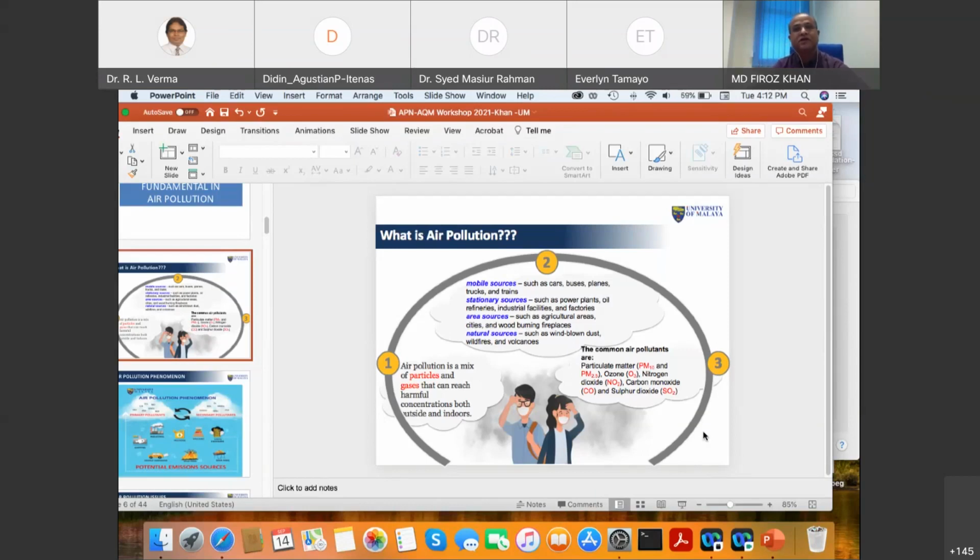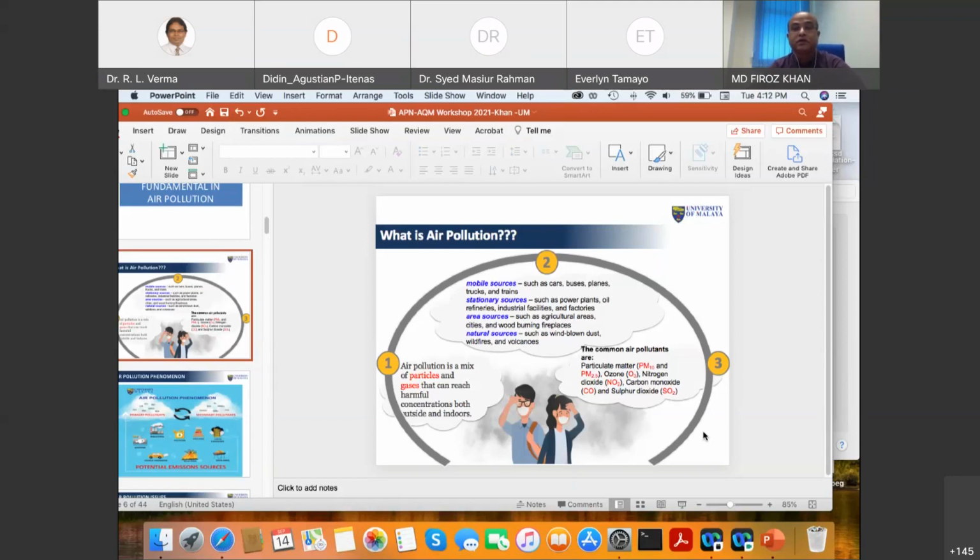And at the same time, it is also very well established in the literature that indoors, the pollution level of the air we breathe in is about 5 to 10 times higher compared to the air we breathe in from outside.